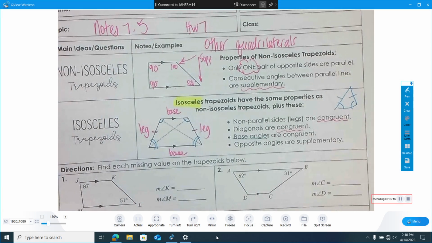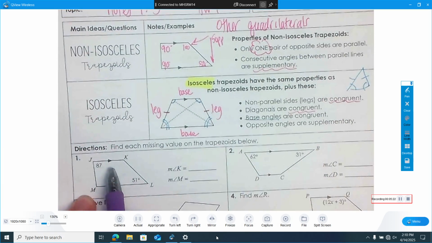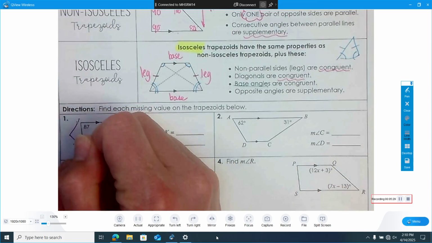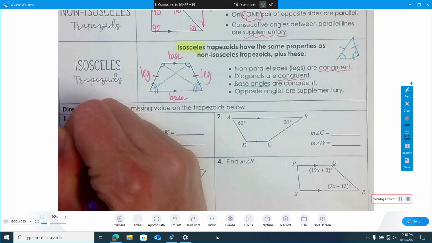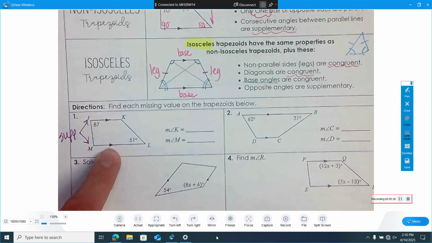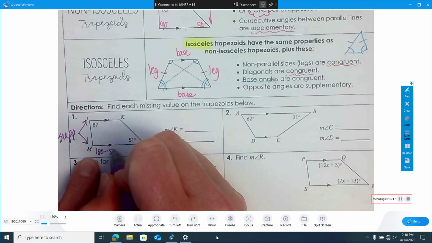Plain old trapezoids are not so interesting. So let's look at number one. This is a regular old trapezoid with one pair of parallel sides. The only thing we really know here is that our angles between the parallel lines are supplementary. So how do we find angle M? 180 minus 87.